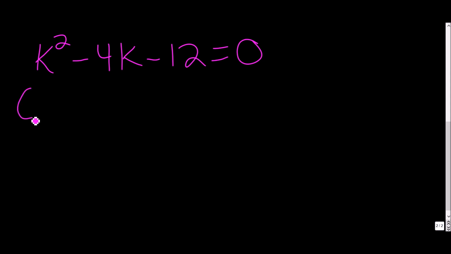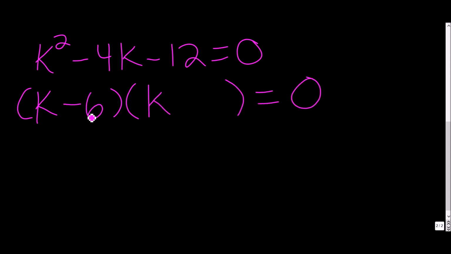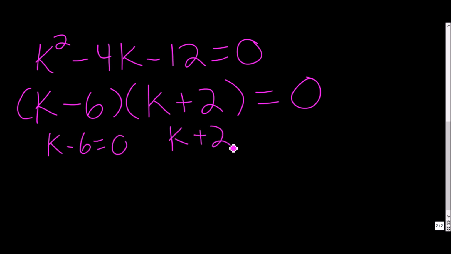I see a pattern: two numbers that multiply to make negative 12 and add to make negative 4. That's negative 6 and positive 2. So k minus 6 equals 0 and k plus 2 equals 0. So k is either 6 or negative 2. Those are two options, and both would result in two real and equal roots.